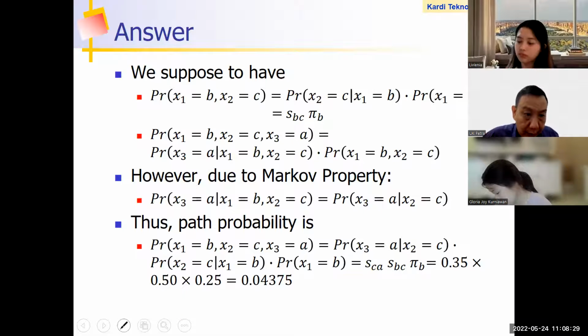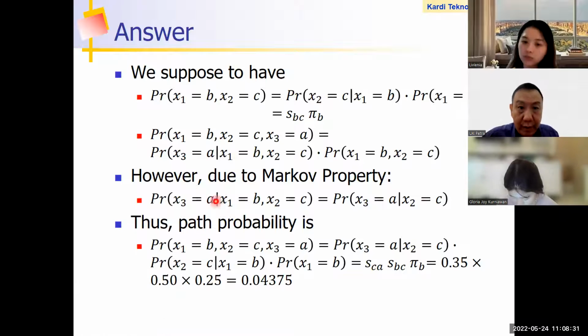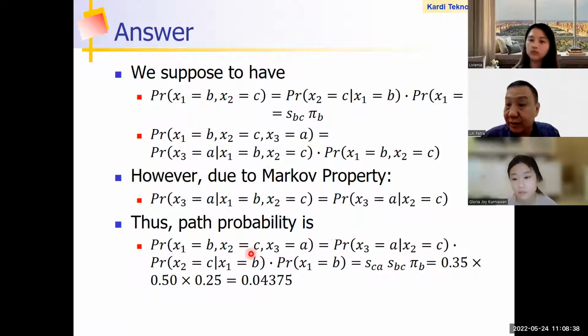Okay, so if you look at this, what we want to find is the actual joint probability of three things, correct? That x1 is B, x2 is C, and then x3 is A, right?